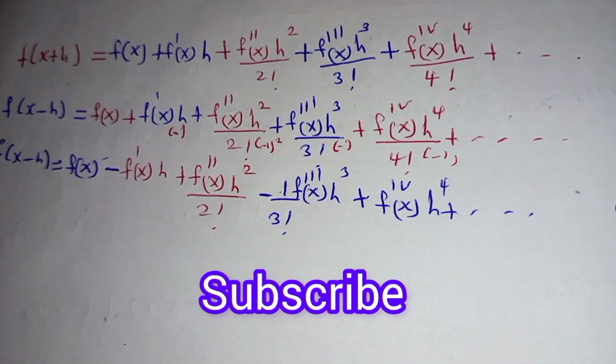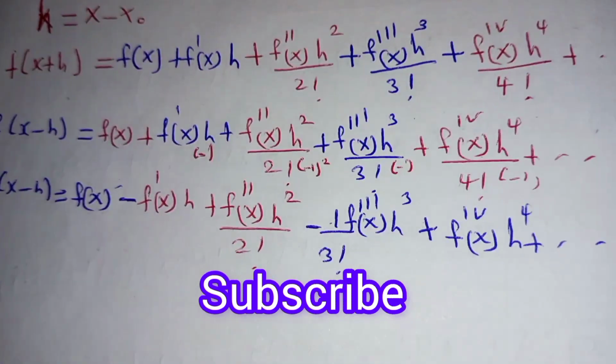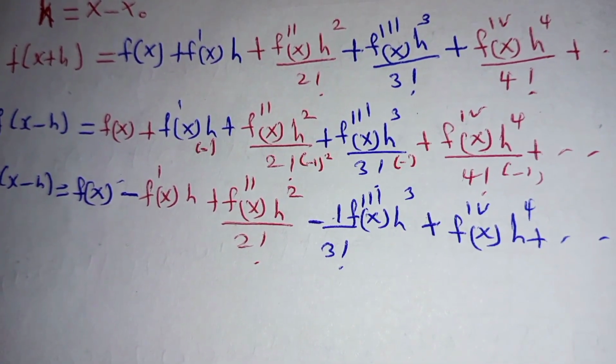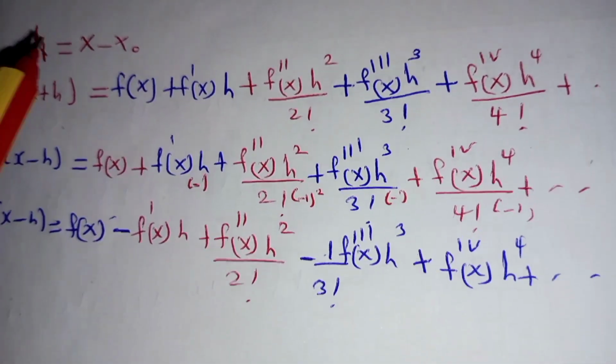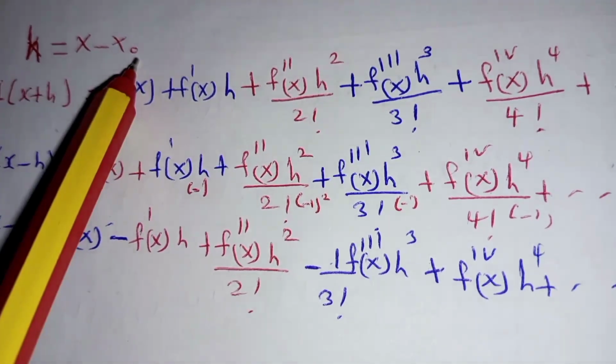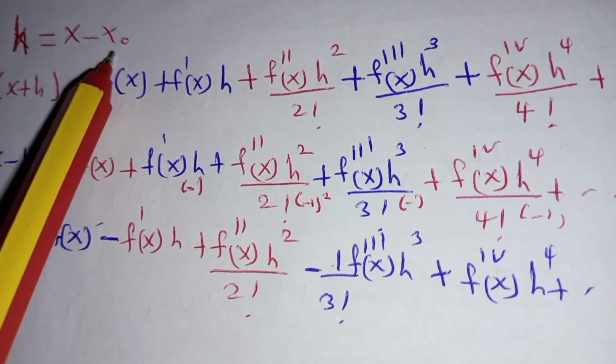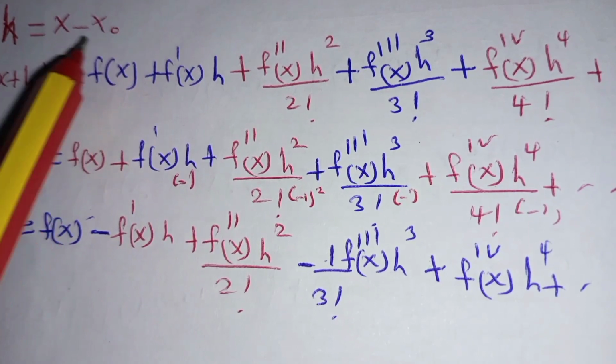Here h is given by x minus x naught, whereby x naught is the value before x.